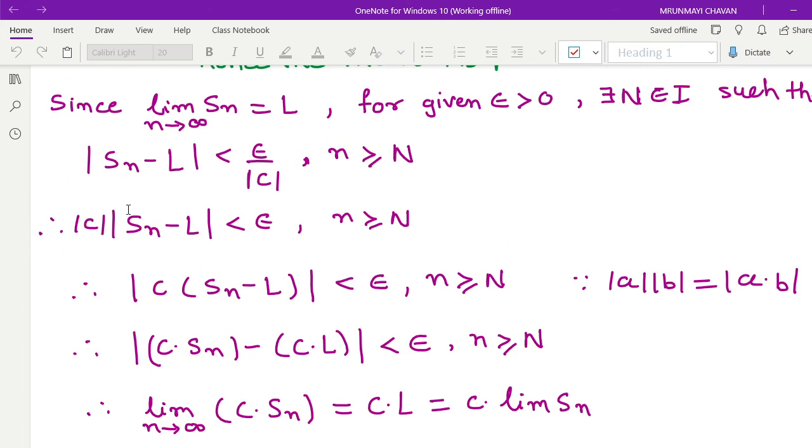Now mod Sn minus L is less than epsilon upon mod C. Here we multiply both sides by mod C. Mod C is a number, the absolute value of C, so we can multiply both sides. Here we get mod C into mod Sn minus L is less than, mod C gets cancelled and only epsilon remains. This is for all n greater than or equal to capital N.